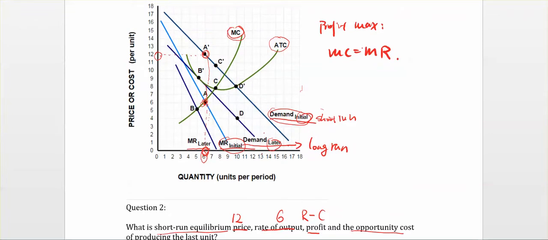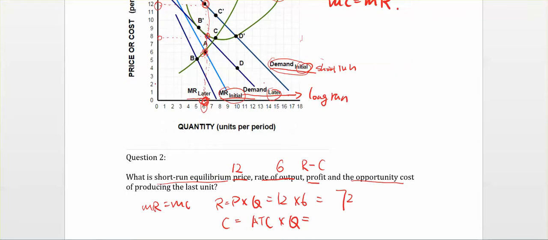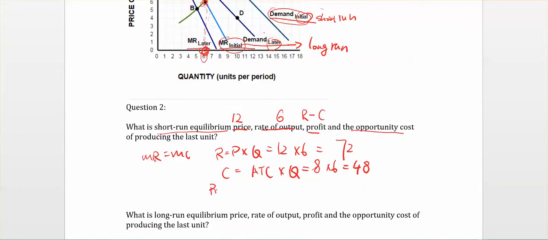We look at the intersection between the vertical line at 6 and the average total cost curve. When we have 6 output, the average total cost is 8. So we have 8 times 6, and we get a cost of 48. So the profit is 72 minus 48, and we get 24. That is our profit.